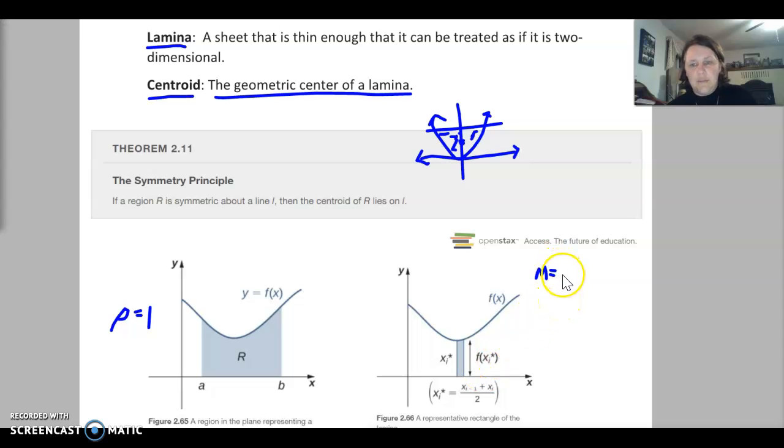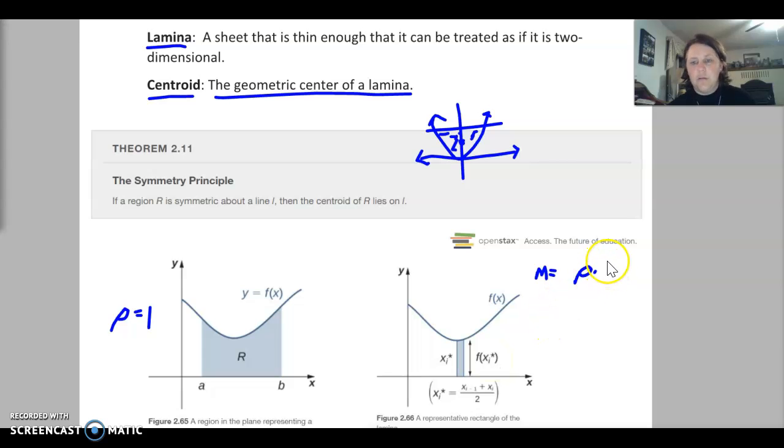Well, the mass is going to be equal to rho times the area of this shape. The area of the shape is going to be f of x. I'm going to leave off all the i's and the stars because those are all going to disappear once we take that limit and the sum of all of those anyway.